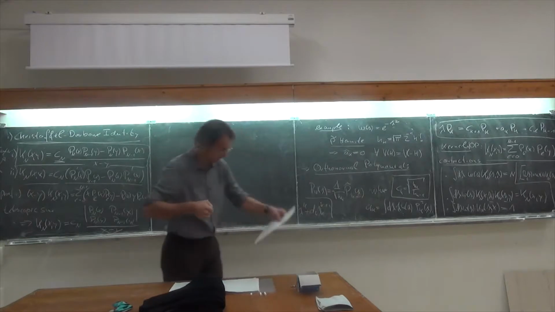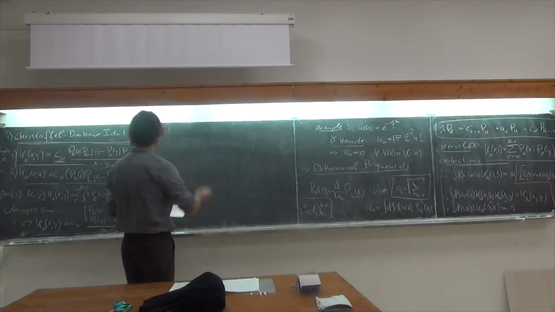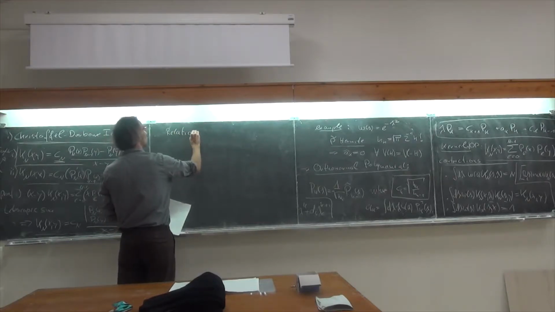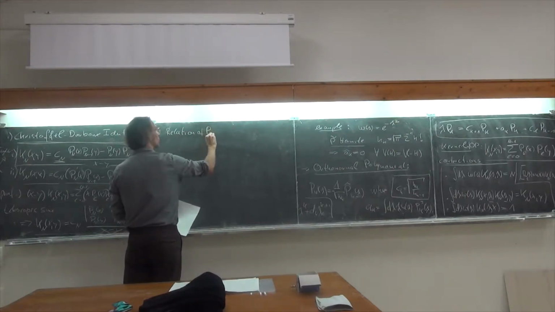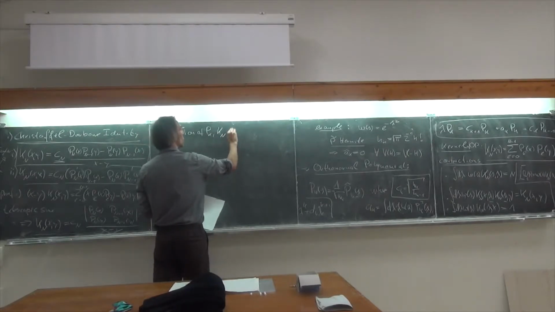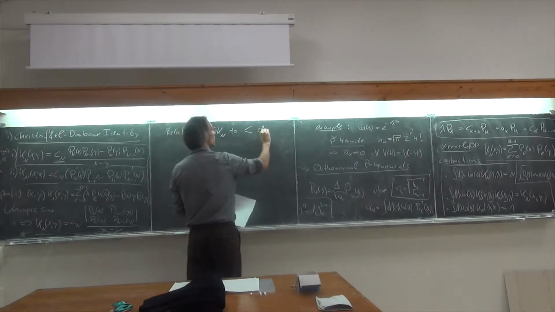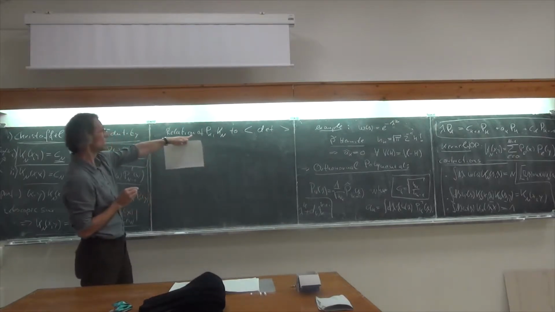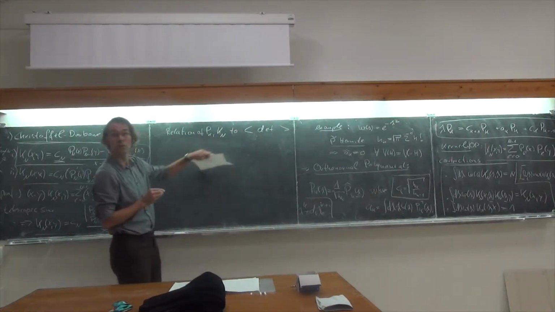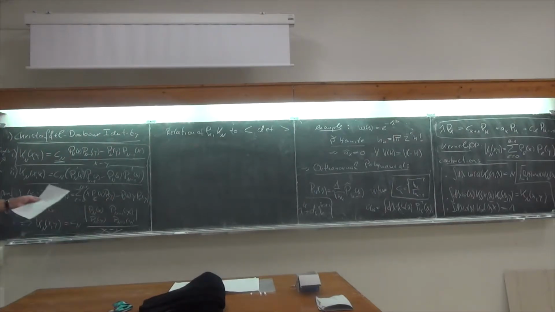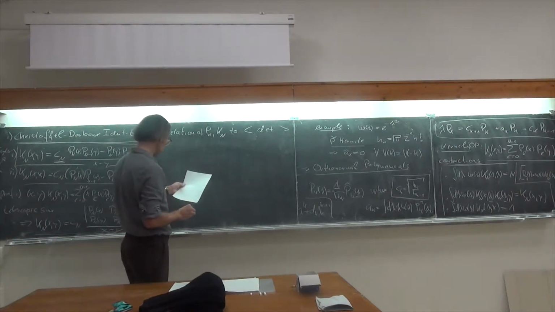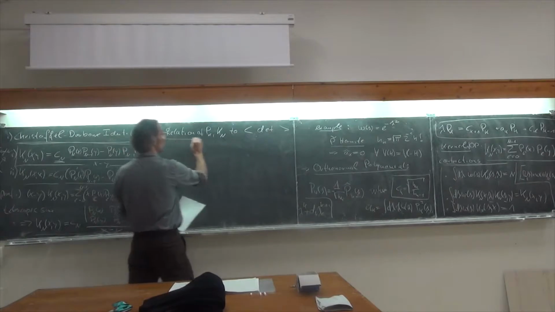Here's an identity, a relation of Pn and Kn for averages of characteristic polynomials. For P we will need one determinant, and for K we need two determinants. That looks already almost like a partition function of fermions, and that will be useful later. So the first identity is the following.